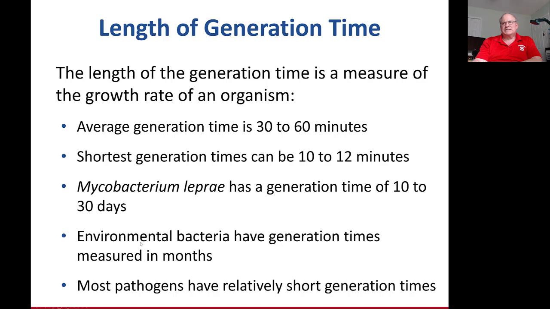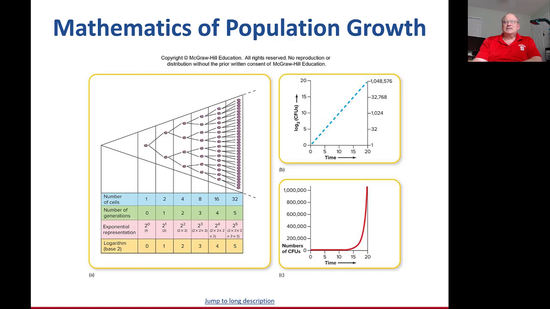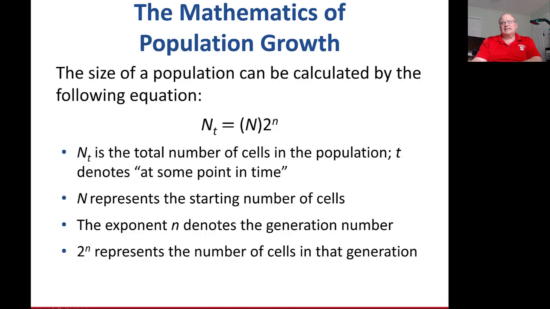Most pathogens have a relatively short generation time because it's a smorgasbord or a salad bar, essentially, once they get in. So the mathematics behind the population growth is really, when you think of bacteria, exponential. In other words, when one divides, you have 2, and then those 2 now have 2, and it multiplies as it goes across. There's certain ways that we deal with this sort of math, and we look at the size of the population.